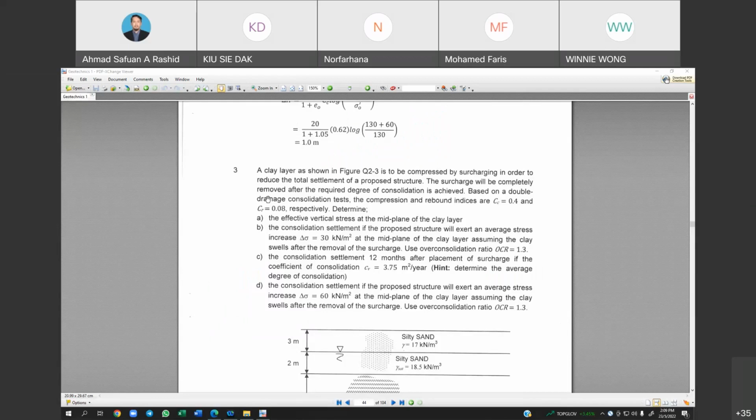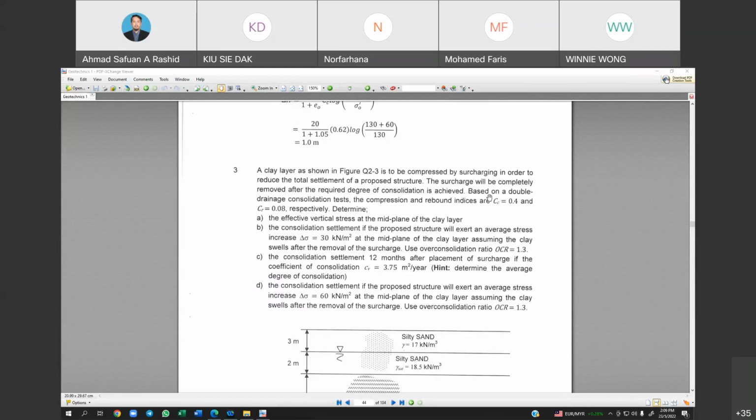Okay, for example number 3, a clay layer as shown in figure Q23 is to be compressed by surcharging in order to reduce the total settlement of a proposed structure. The surcharge will be completely removed after the required degree of consolidation is achieved.